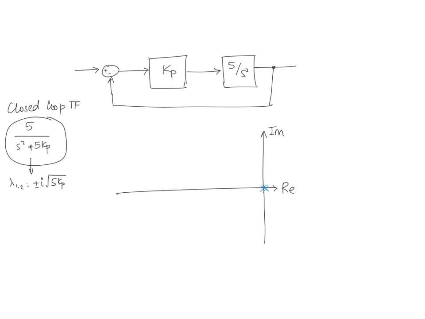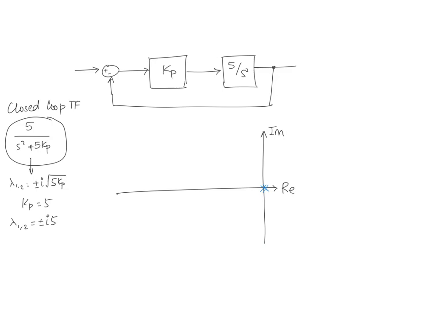So what it means is, let's say I plugged in kp equals 5. That means the roots of this thing will be plus or minus i root 25, that is plus or minus 5i. So if I plug in kp equals 5, I get two roots over here. Let me draw them in a different color.